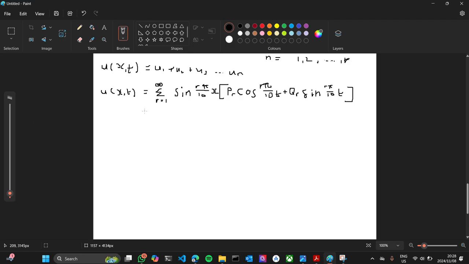Alright, so the next thing we're going to do is, again, refine this by finding our constants PR and QR. To find PR, we're going to use Fourier, right? Because this should remind you of a Fourier series, and this is where Fourier series actually falls into partial differential equations.